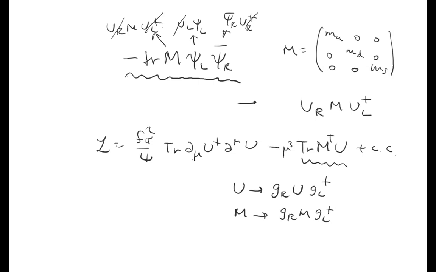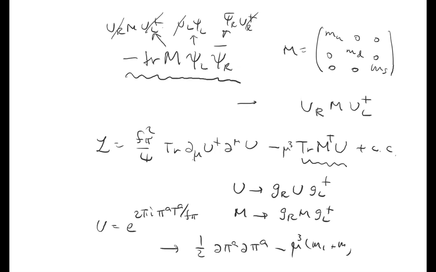And then what you do is expand this field U out in a power series in the Nambu-Goldstone bosons. Then you'll find this Lagrangian leads to the kinetic term for all of them, minus mu times quark mass i plus quark mass j times the Goldstone boson squared, something like this.